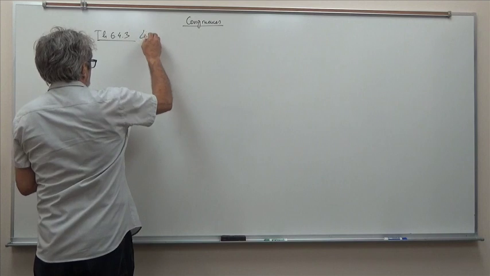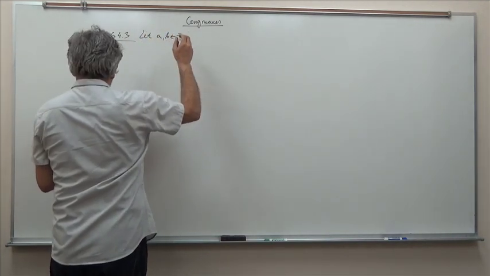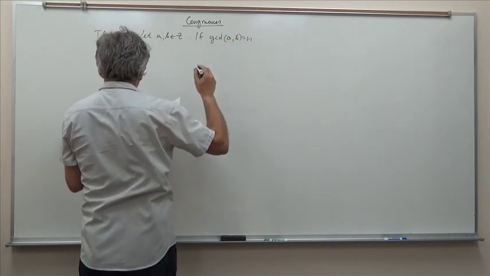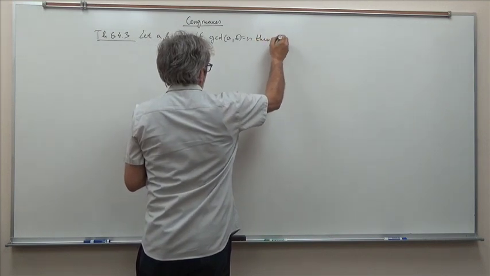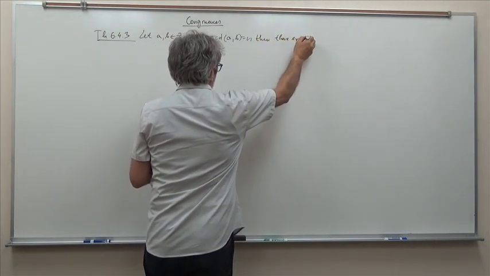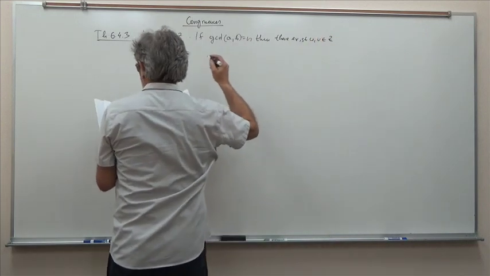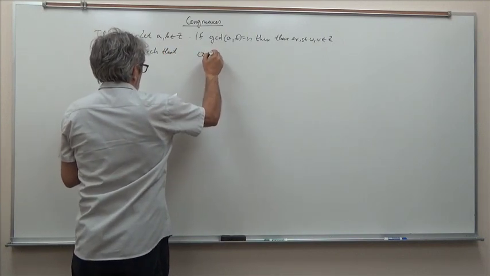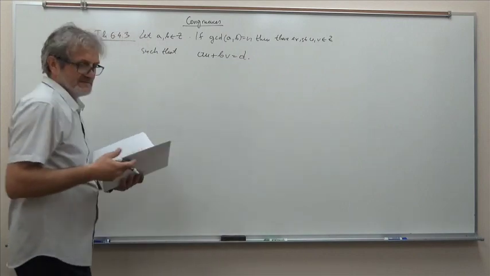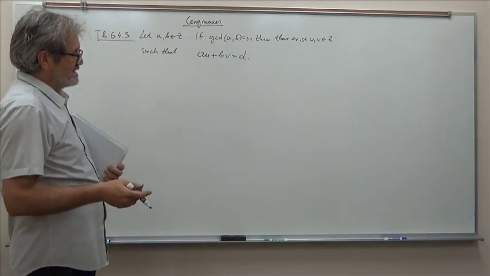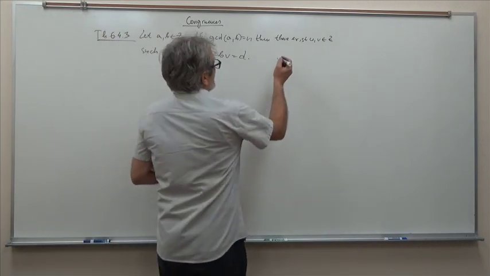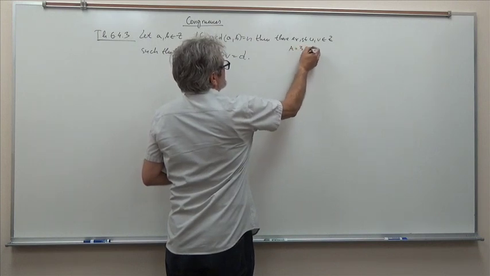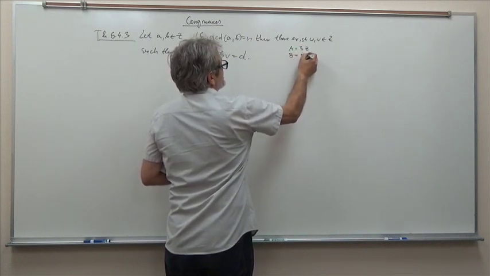It says the following: let A, B belong to Z, and if GCD of A and B equals D, then there exist U and V from Z such that AU plus BV equals D. Actually, this theorem is related to the problem on exam 2, where set A was 3Z, divisible by 3, and set B was 5Z.